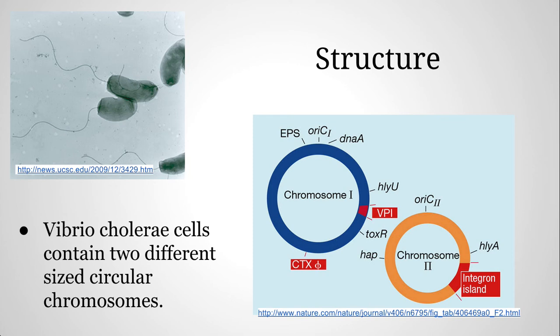The somatic O antigen is what allows for the separation of the species into pathogenic or non-pathogenic varieties, so whether or not they cause cholera, which is a little bit what I was talking about with the two chromosomes and the cell toxicity. So whether or not a Vibrio cholerae cell is pathogenic is inherent within its chromosomes, but the most common epidemic pathogenic strains are V. cholerae O1 and V. cholerae O139.